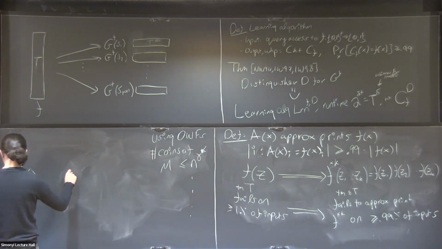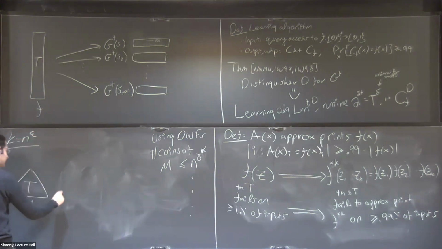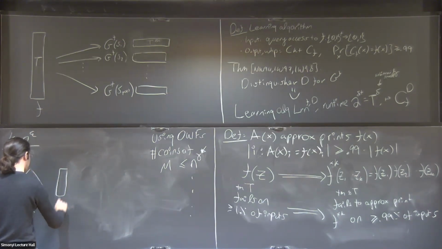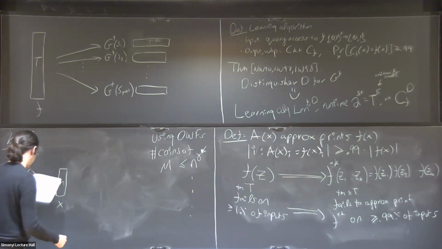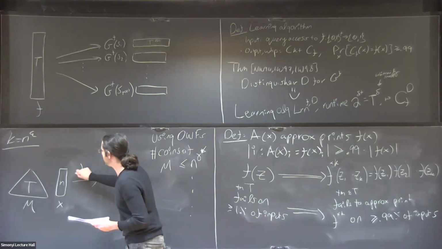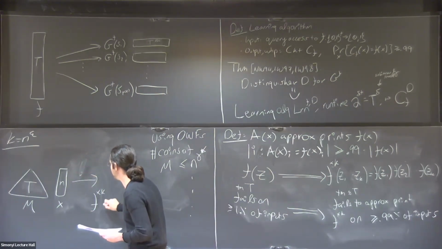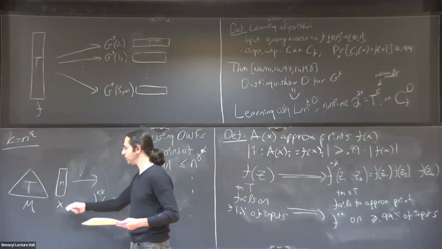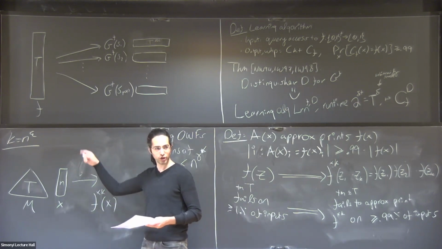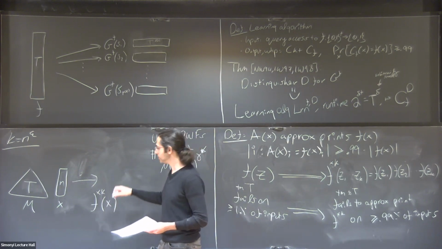Now we get an input, fixed k, sorry, k is n to the epsilon throughout. We get an input x with n bits, and we map it to the k-wise direct product. So we think of x as comprised of k chunks, and we compute f on each of these chunks.